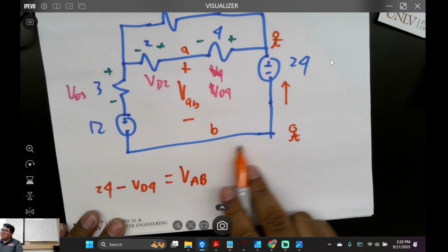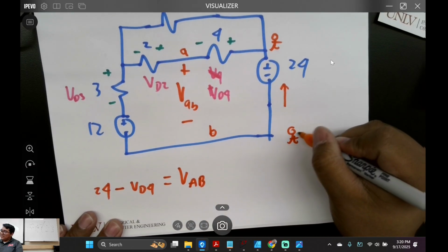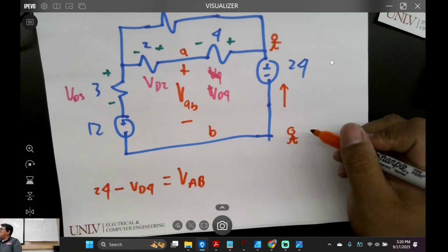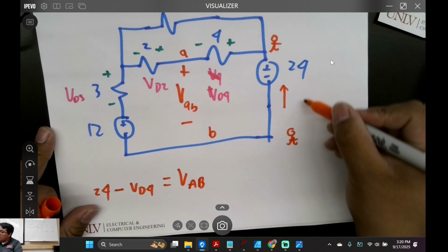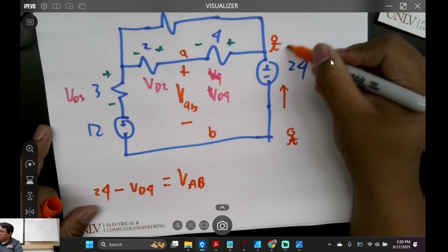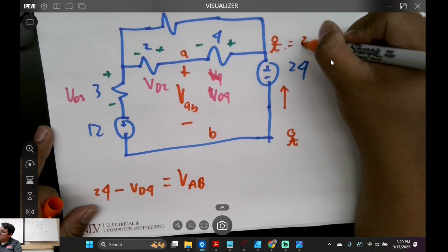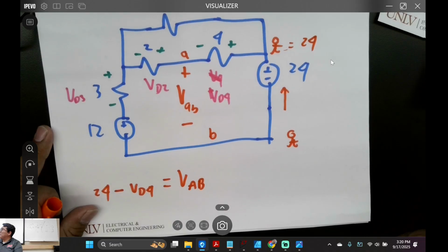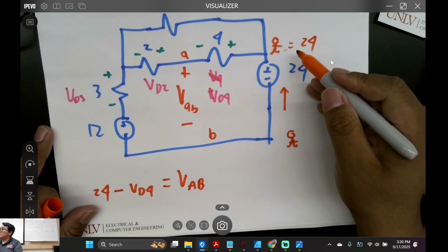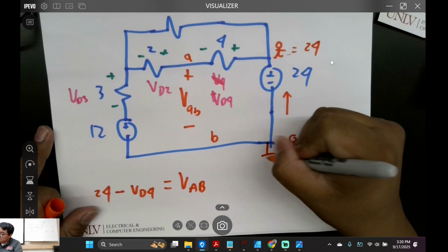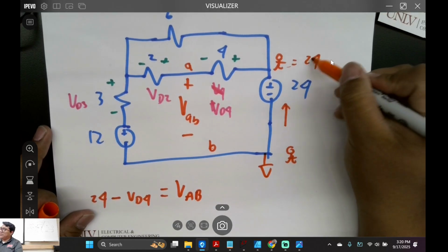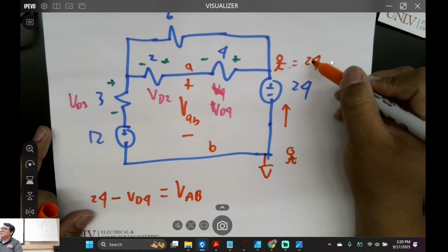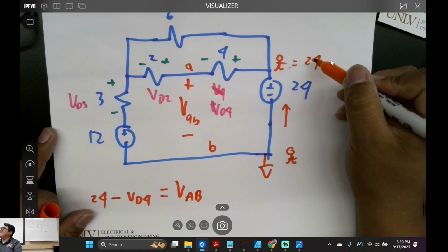So the way we do KVL is if I'm here, right, that's 0 volts, right? I just did 0 volts. But when I go up the stairs, right, what's the voltage over here? 24 volts, right? So I walk up the stairs and I say, hey, with this being ground, right, what's the voltage at this node? What floor are you on? The 24th floor, right? Does that make sense?